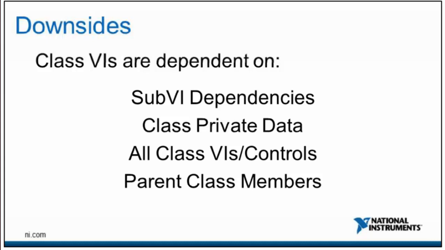All the VIs inside your class and controls inside the class are now dependencies, and all of the class members inside of the parent or inside the inheritance hierarchy are also dependencies. So it's very prone to having a growing dependency tree, OO that is, as you develop your hierarchies.